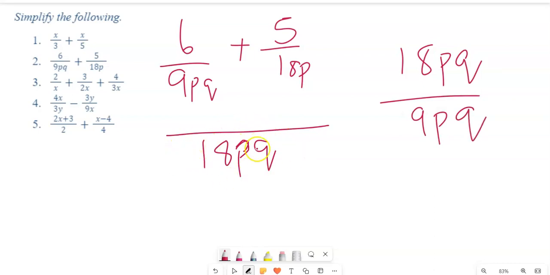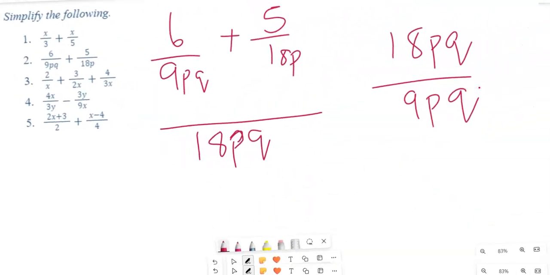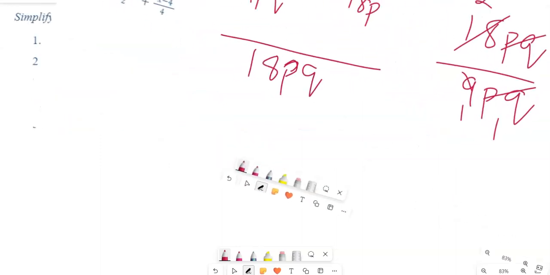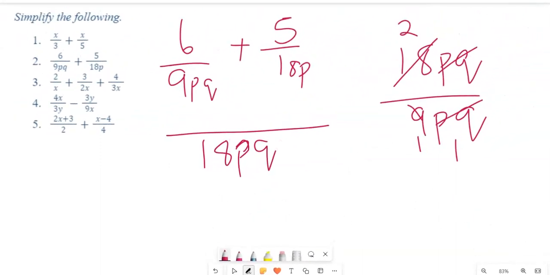That's us dividing the LCM by the first denominator. 9 into 9, 1. 9 into 18, 2. PQ into PQ, 1, or we can say PQ cancels PQ. So what are we left with? 2 divided by 1, which is 2. So we're multiplying 6 by 2.